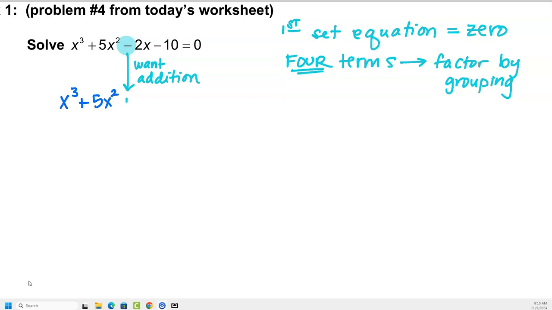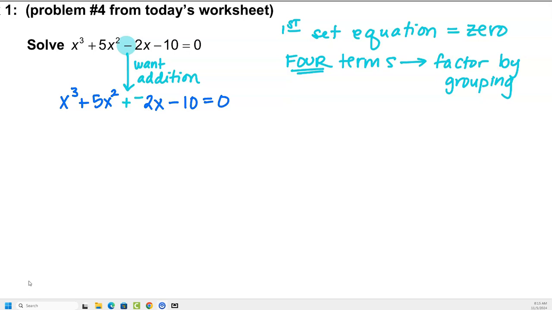And then I'm going to change this to adding a negative 2x, subtract 10 equal to 0. Do you all agree it's the same?